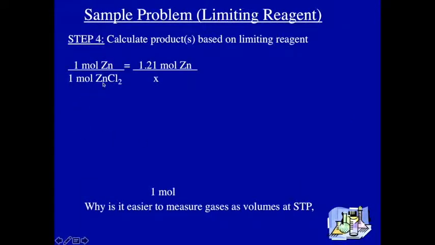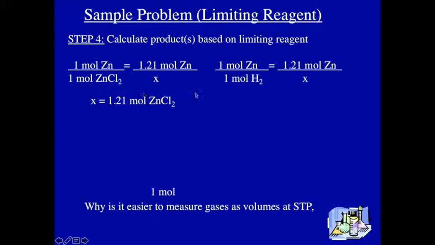I would get 1.21 moles of zinc, and then my X value in this case, I would make 1.21 moles of zinc chloride. I would also make 1.21 moles of hydrogen gas because I have 1.21 moles of zinc. It's a 1-to-1 ratio. I would make 1.21 moles of each of these products.